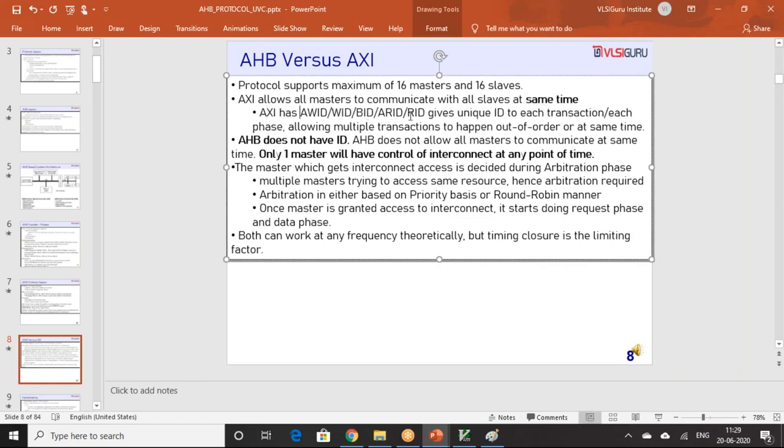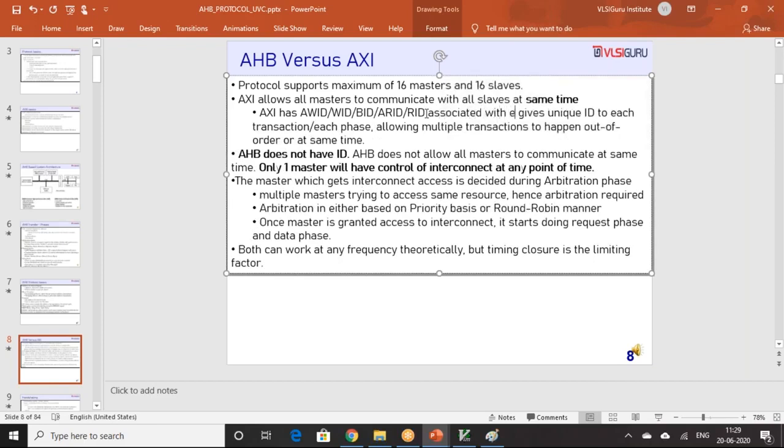The reason it works at the same time is that AXI has AWID, WID, BID, ARID, RID. An ID is associated with each channel and each phase of transfer, which gives a unique ID to each transaction or each phase, allowing multiple transactions to happen concurrently, in any order, at the same time.